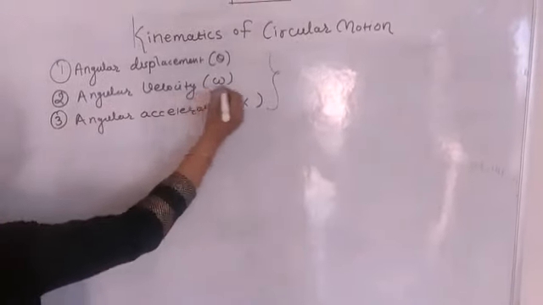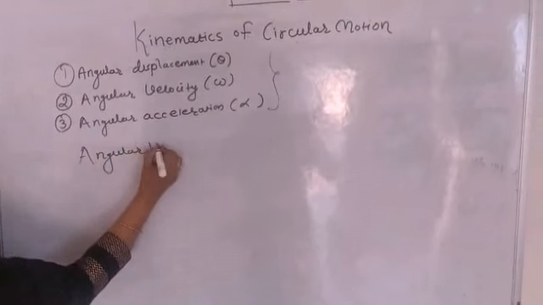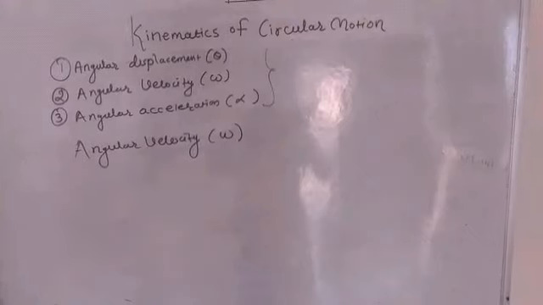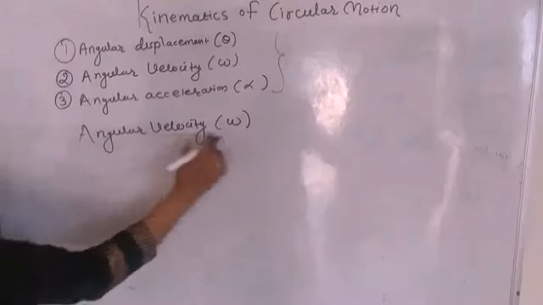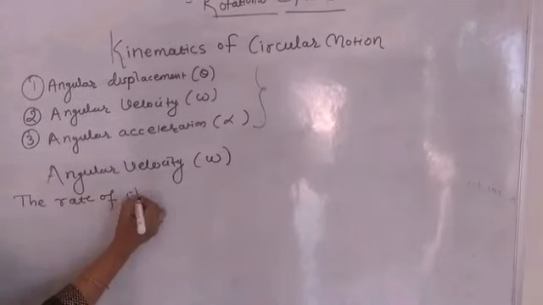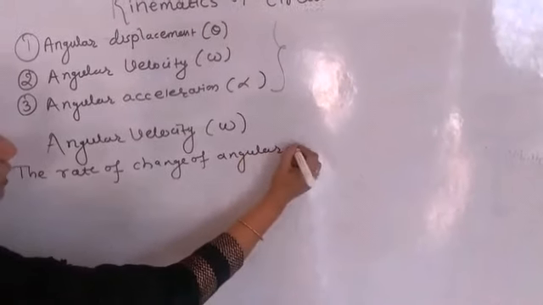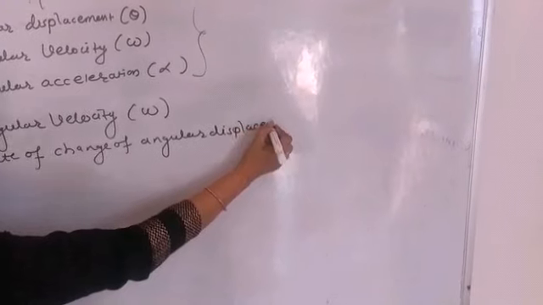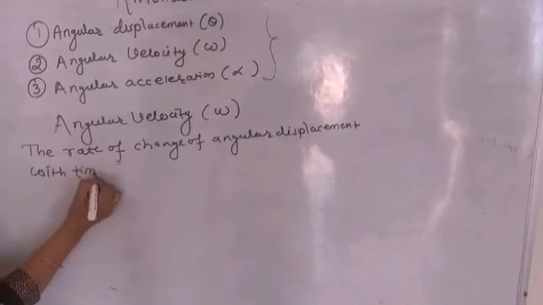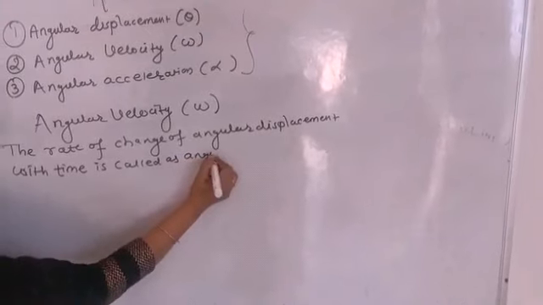Now, we will see the angular velocity, that is omega. Here, what do you mean by the angular velocity? The rate of change of angular displacement with time is called as angular velocity.